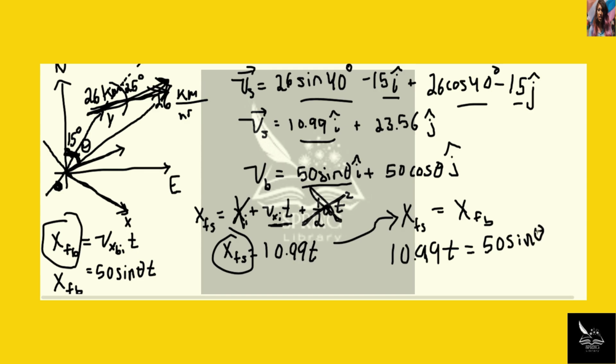And very fortunately, you can actually remove time here. Dividing both sides by t, we lose these, which is nice. Then we can go ahead and solve for theta. We can divide both sides by 50. Lose those.